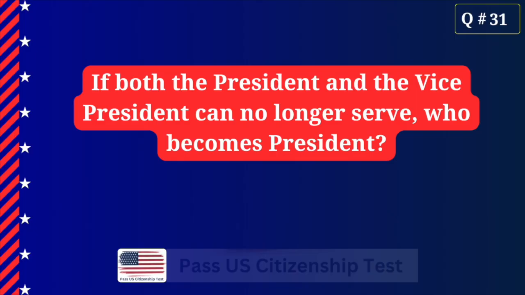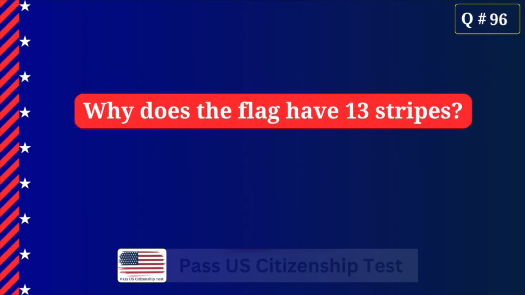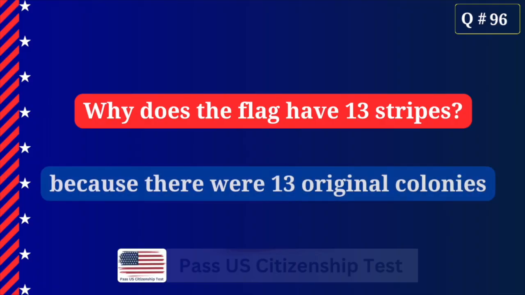If both the President and the Vice President can no longer serve, who becomes President? The Speaker of the House. Why does the flag have 13 stripes? Because there were 13 original colonies.